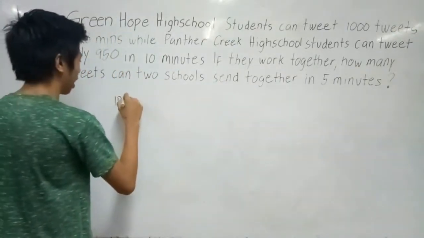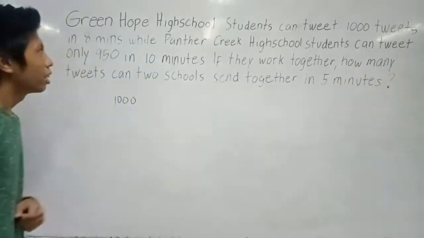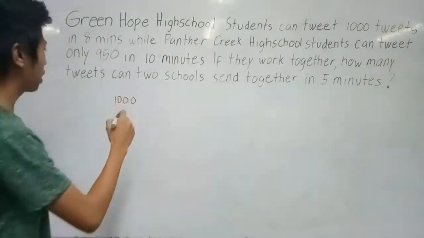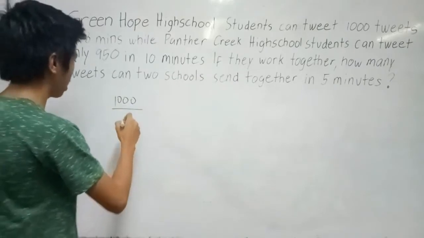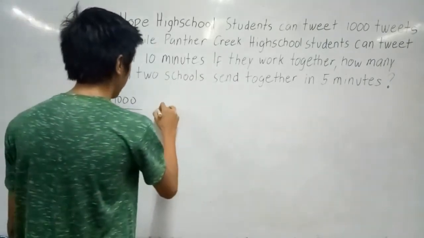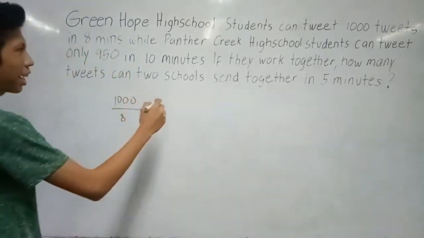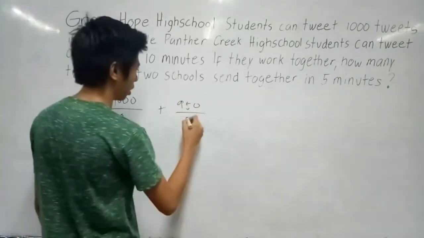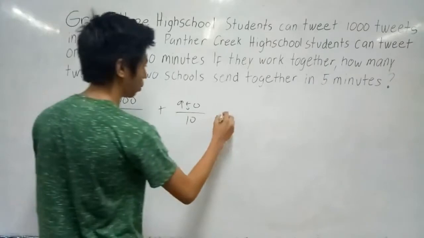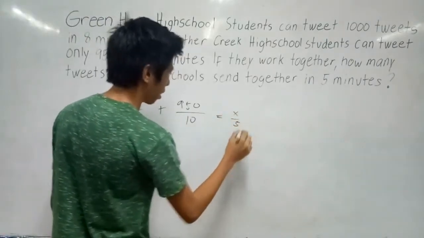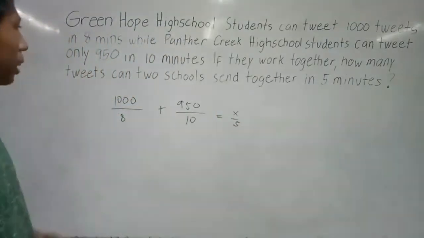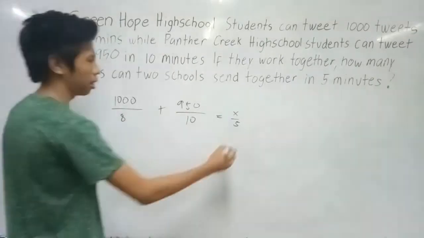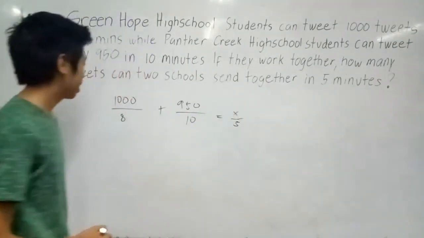formula: 1,000 tweets of the first high school student over 8 minutes, plus the 950 tweets of the second high school student over 10 minutes, is equal to x over 5. X is how many tweets the two schools can send together over 5 minutes.